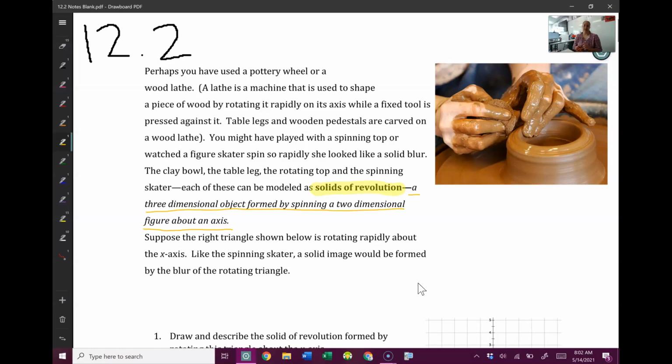This whole lesson is about revolving things, which gives us curvy shapes like spheres and cylinders and cones and a couple others that we'll talk about. Those are curvy shapes that have circles from revolving around an axis.